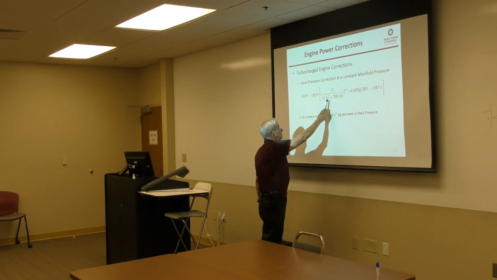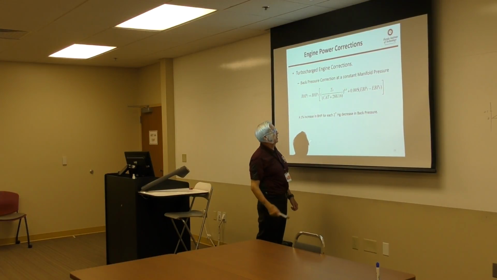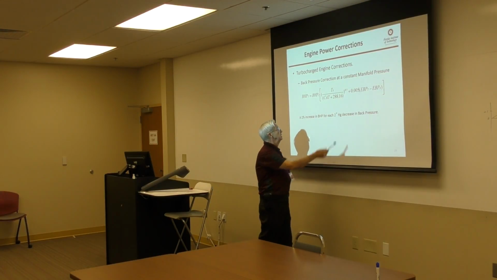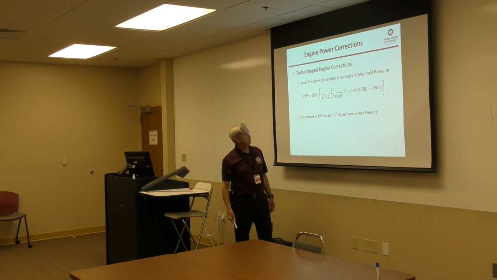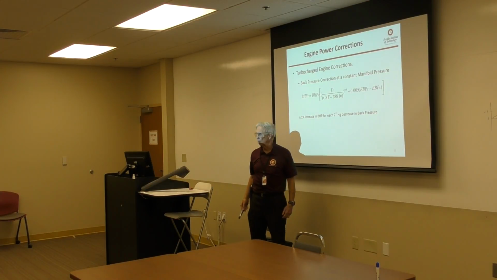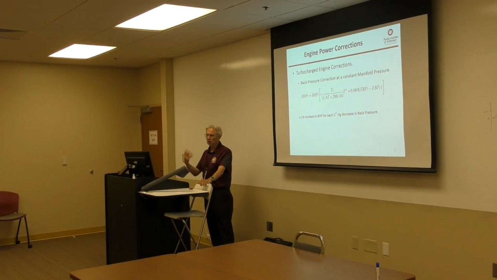And then that temperature in Celsius, in this case, plus 288.16, and then whatever the standard temperature is for that altitude, take the square root of that whole thing and multiply it by what we read off the chart, and that will give us the temperature correction.